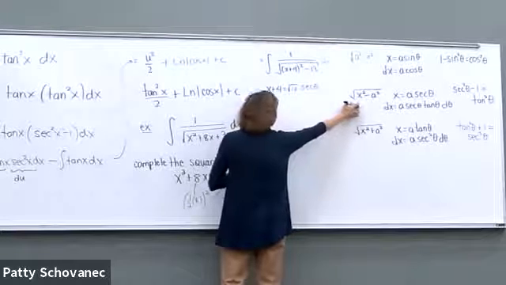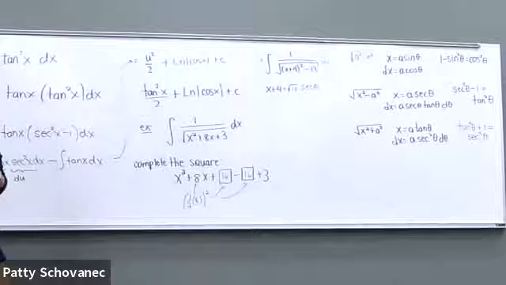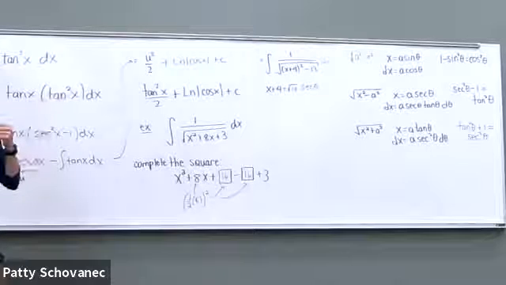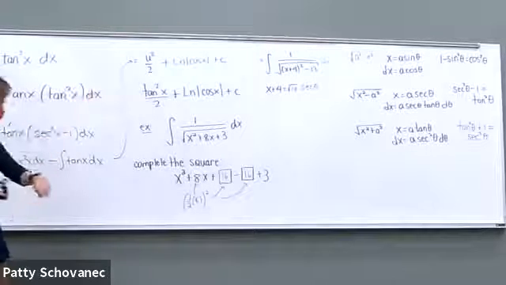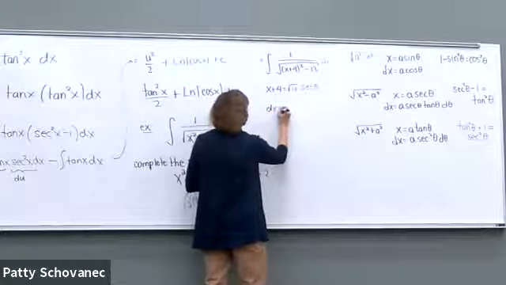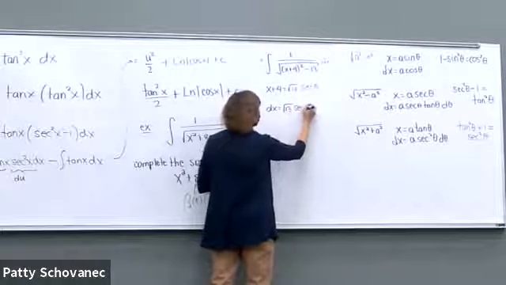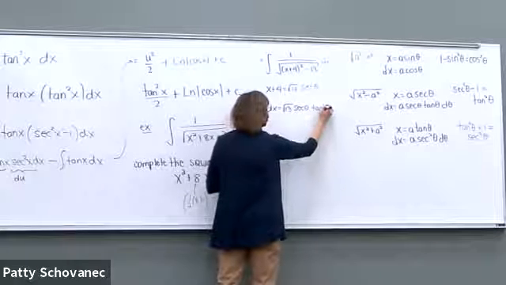See how it fits that? And now we need a dx term, so take the derivative of that line. The derivative of x plus 4 is dx. The derivative of this is the square root of 13 times the secant of theta, tangent of theta, d theta.